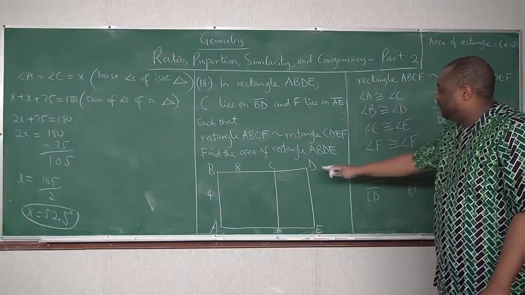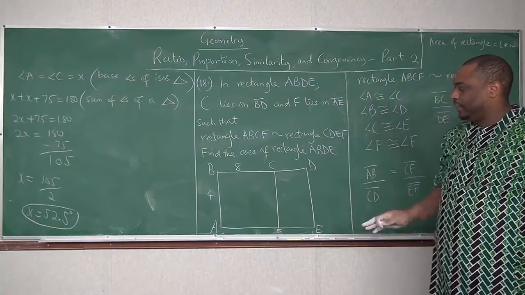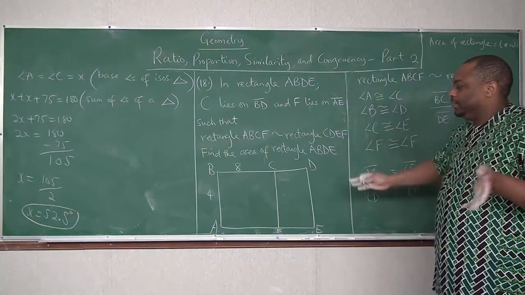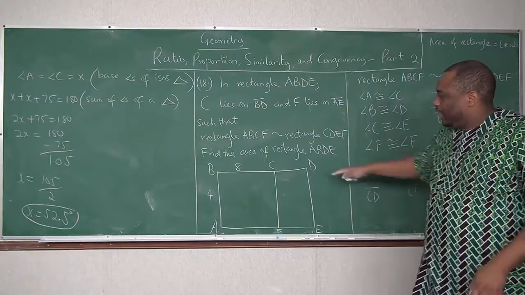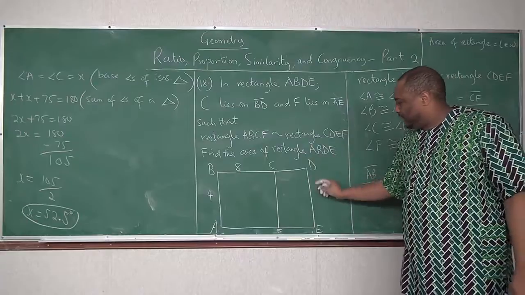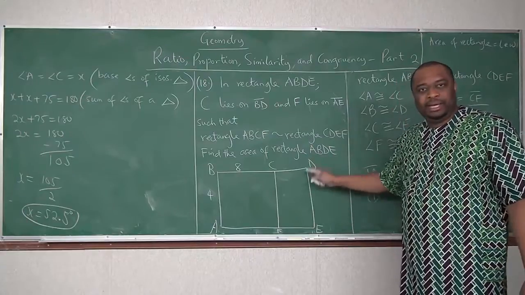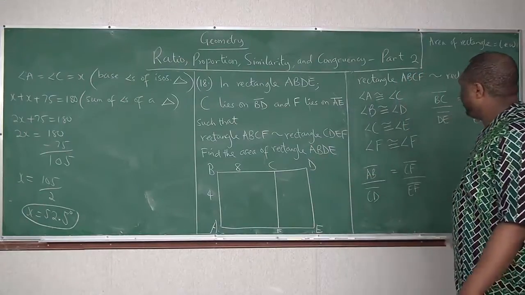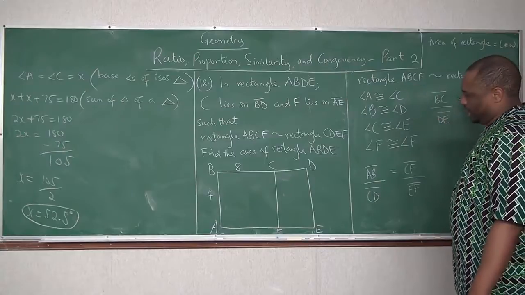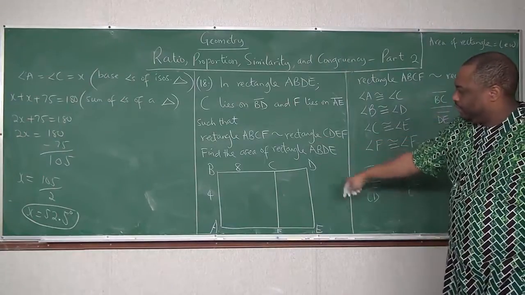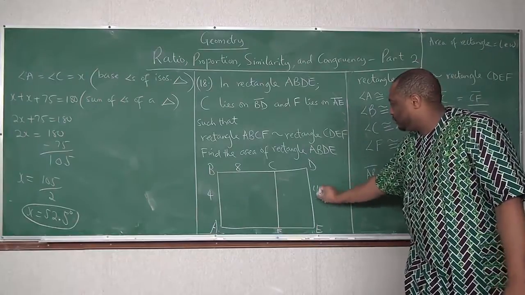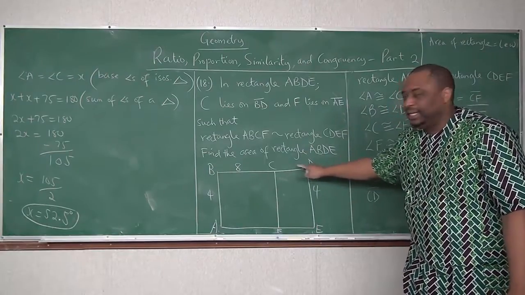So we now have to find CD. That is our problem. We have BC is 8, BA is 4. DE and BA are the same thing, AB and ED. From here, you can see that this is 4. But the problem we have now is finding CD.